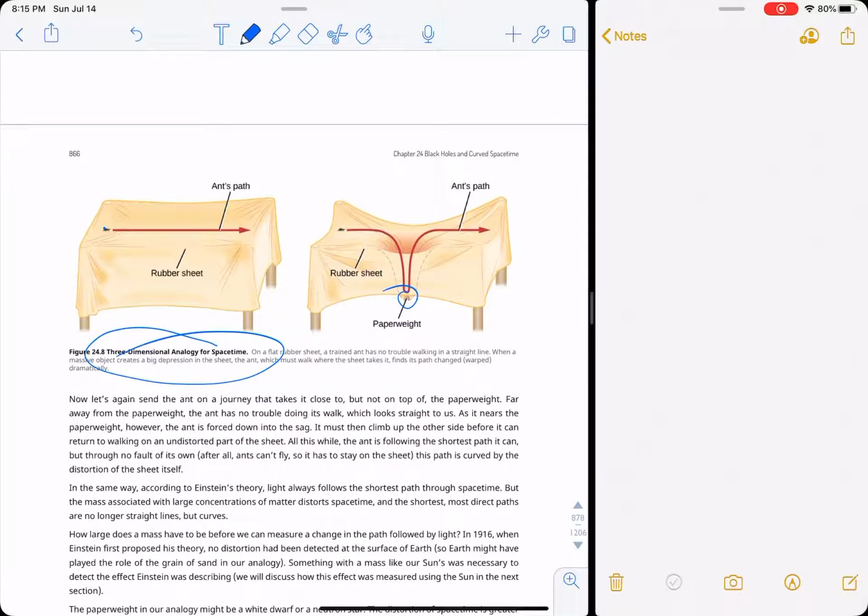If you kind of got it rolling in the right way, it might even orbit this hole. This ant here would probably fall in and not be able to get back out, but the idea is its path is no longer a straight line.